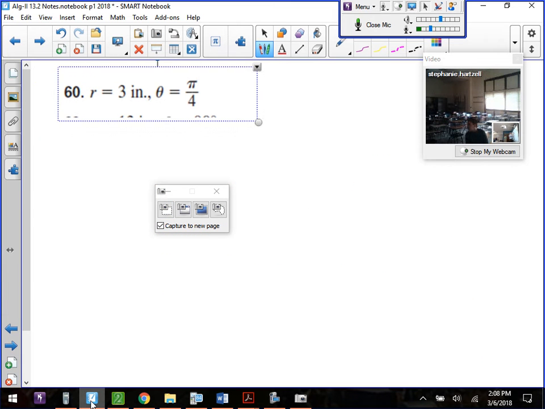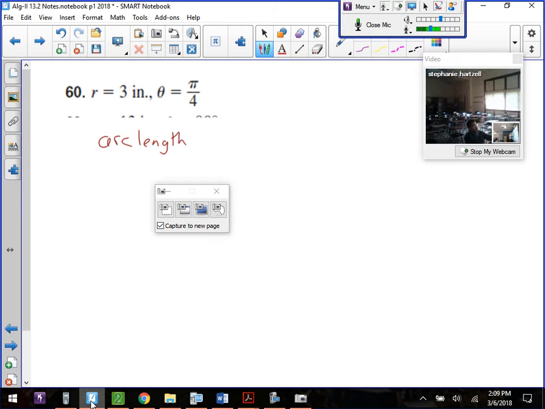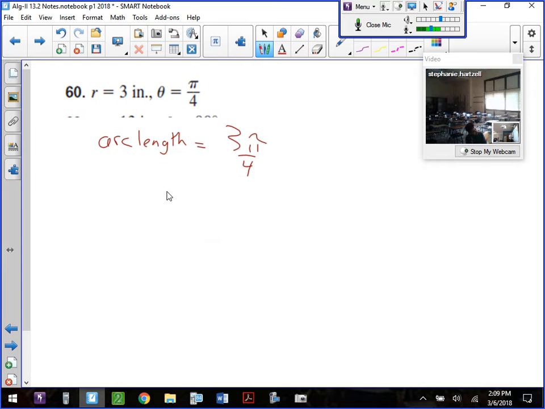The first one is for arc length. It is quite literally 3 pi over 4, because it's just radius times theta when theta is in radians. The other one would be 1/2 radius squared times theta when theta is in radians. Theta here is pi over 4. That's where I got 9 pi over 8.